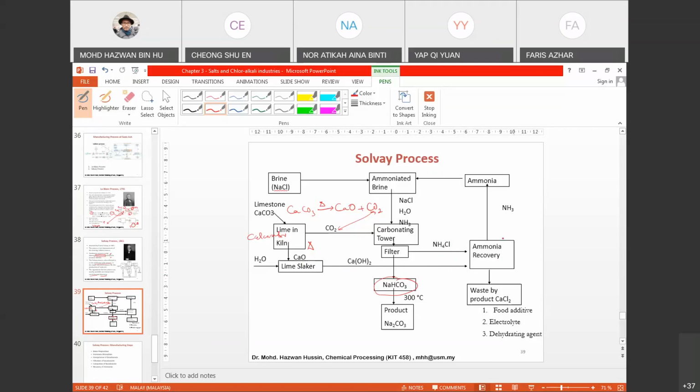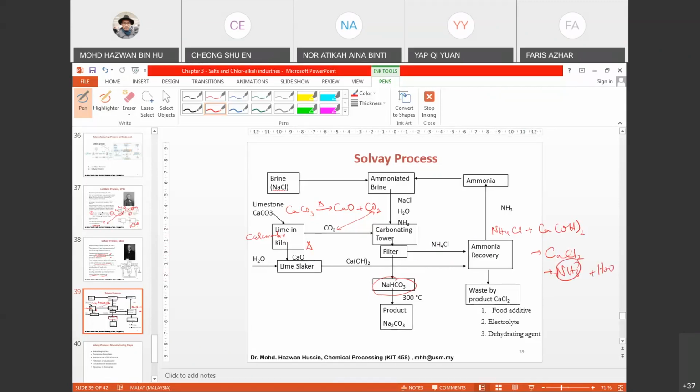When you react calcium hydroxide with ammonium chloride, it can produce calcium chloride, plus ammonia, NH3, plus water, H2O. So the ammonia can be recycled back. You can use it, okay. And the byproduct, the waste water, can easily be used later on.